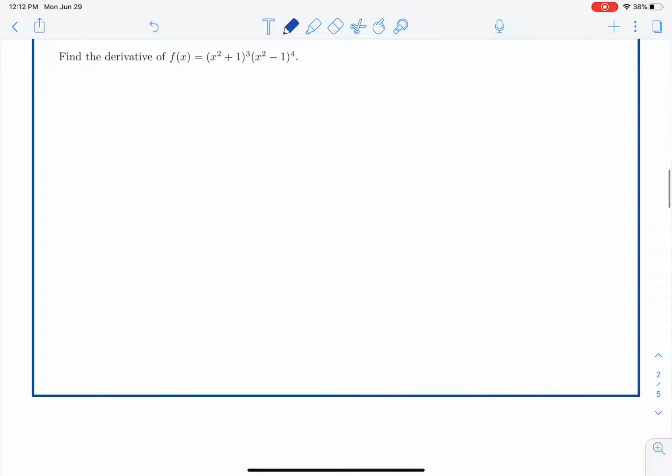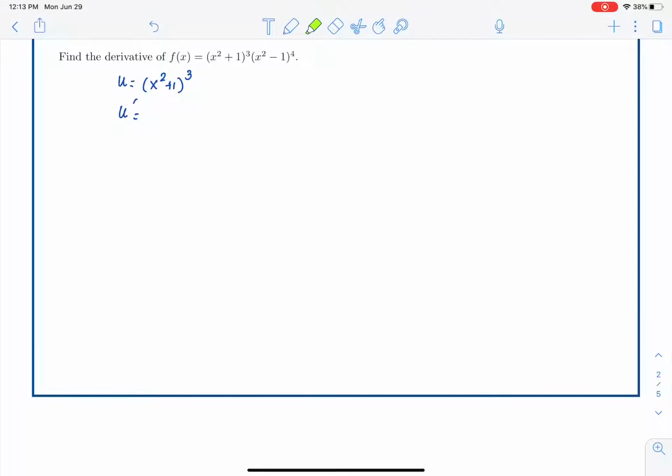So in the next problem, we have two algebraic functions, one raised to the power of 3, other raised to the power of 4. And if you FOIL this, it is going to take forever to find the derivative. So what we have to do is use chain rule. u is x squared plus 1 raised 3.